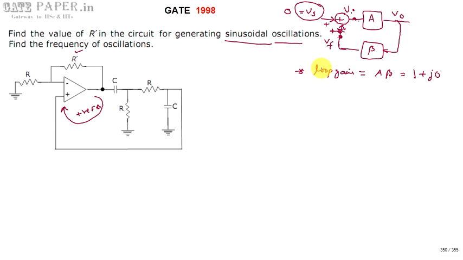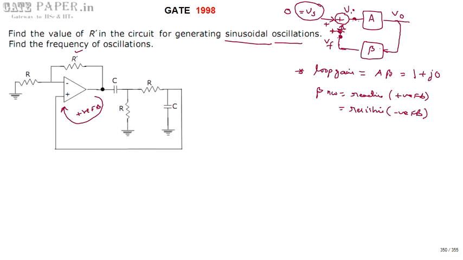Why are we writing this J0? For positive feedback the beta network is reactive, whereas for negative feedback the beta network is resistive. Negative feedback is used in amplifiers, positive feedback is used in oscillators.